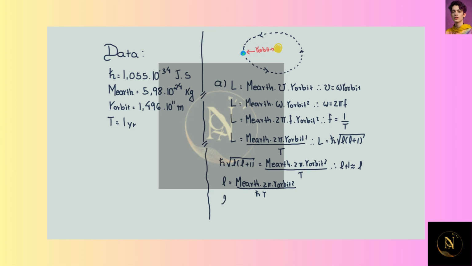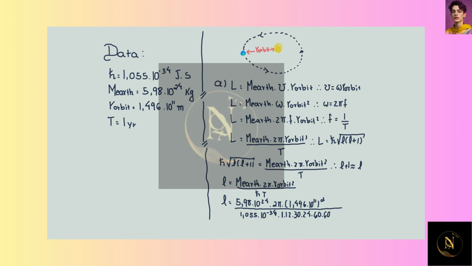Finally, plugging in the values, we have l equals 5.98 times 10 to 24 times 2 pi times 1.496 times 10 to the 11 squared, divided by 1.055 times 10 to minus 34 times 1 year. But 1 year has 12 months, each month has 30 days, each day has 24 hours, each hour has 60 minutes, and each minute has 60 seconds.